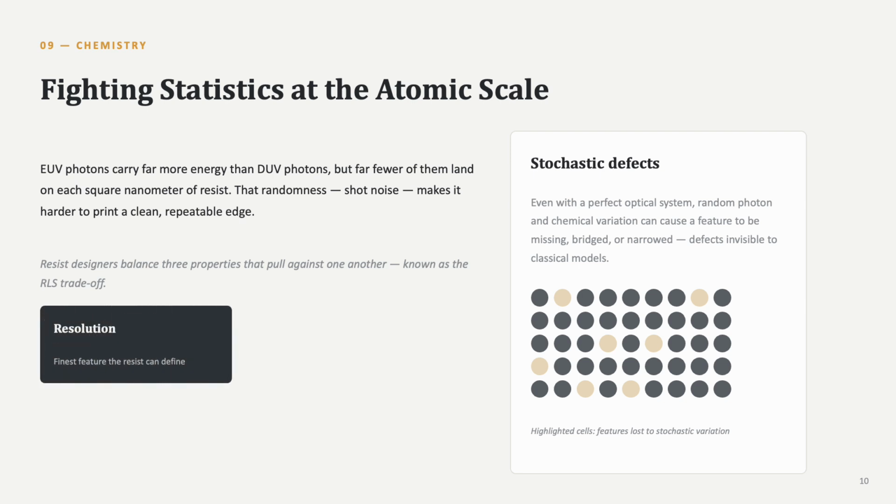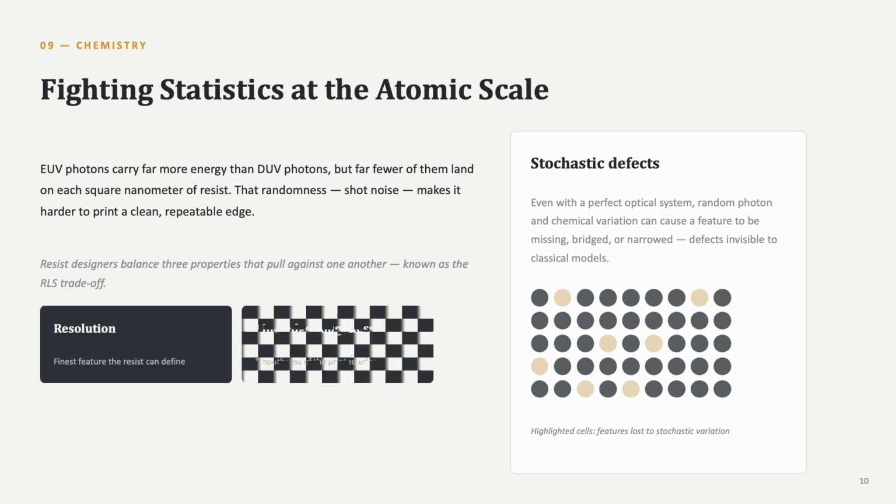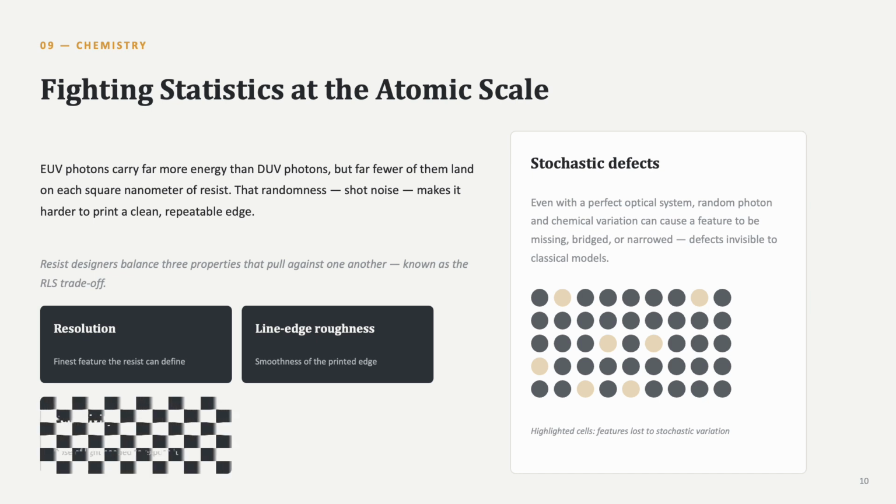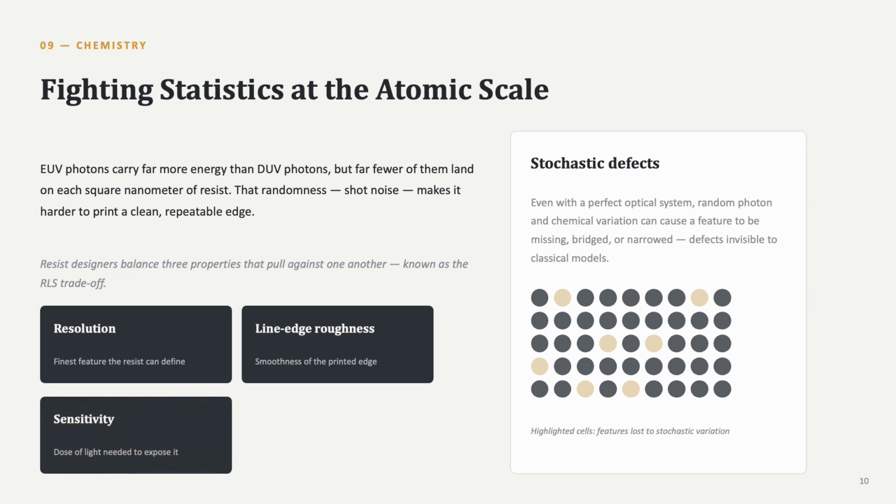Finest feature the resist can define, called the resolution, smoothness of the printed edge, called the line edge roughness, and the dose of light needed to expose it, called the sensitivity. Improving one without a chemistry breakthrough tends to cost the other two.